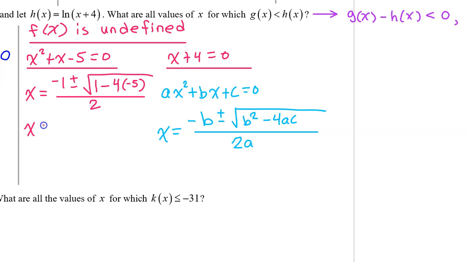So this gives x is equal to negative 1 plus or minus the square root of. Negative 4 times negative 5 is positive 20. So this is really 1 plus 20. This is 21.